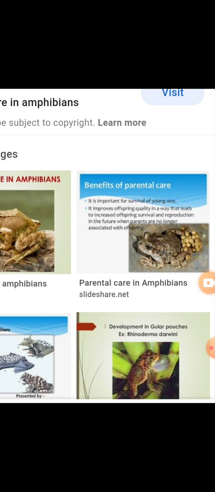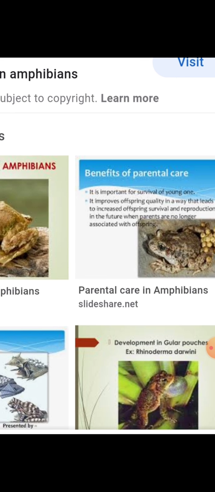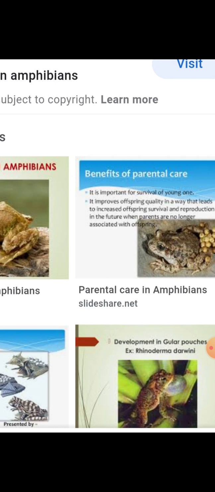Nursing of eggs and embryos by the parents is called parental care. It is well developed in amphibia. That protection is provided simply by nests and direct caring by the parents.